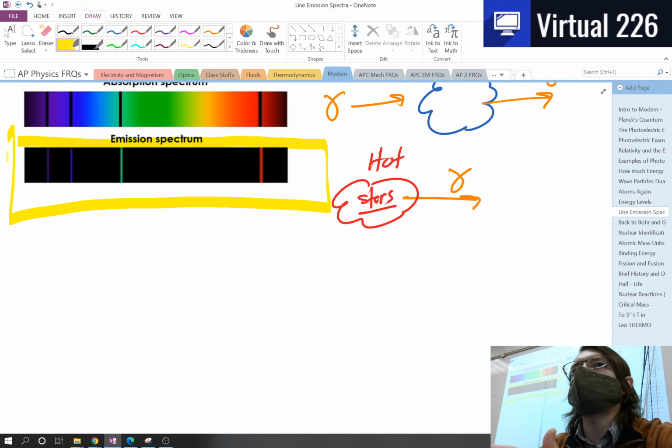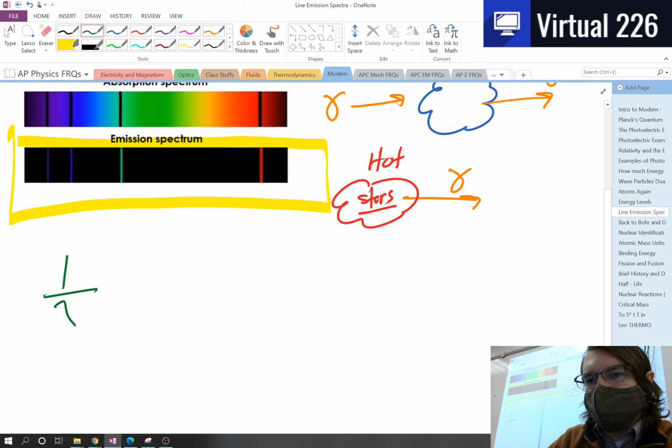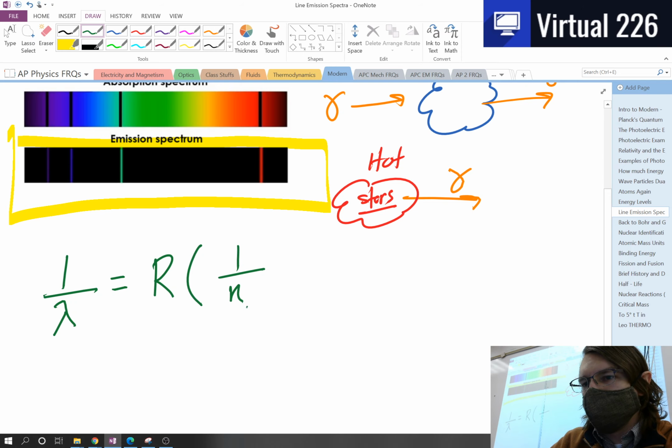Now, there are some other things that stars have in terms of helium and composites and whatnot, but we quickly figured out, and it was shown by J.J. Balmer, that the following equation, 1 over lambda equals R times 1 over NF squared minus 1 over NI squared.